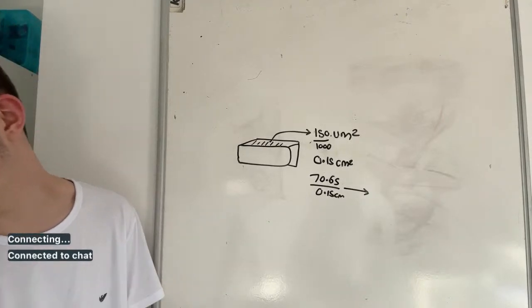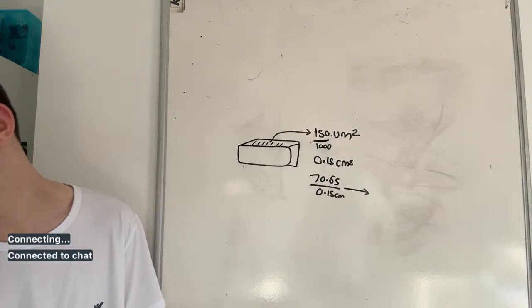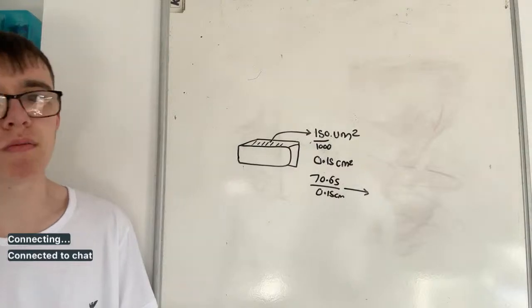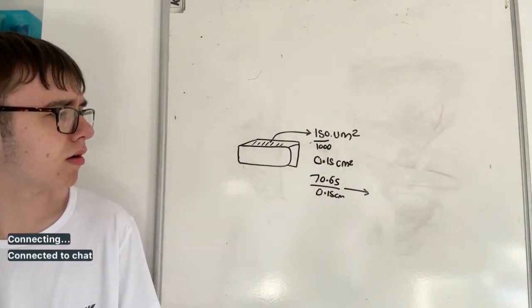Correct answer for any number divided by 1.5. Correct answer was 4.71 times 10 to the power of 7.